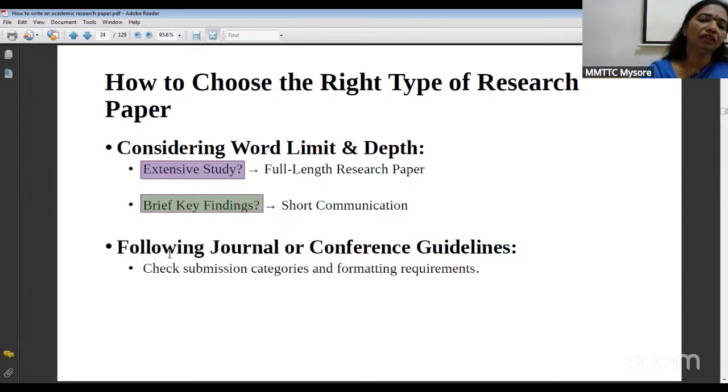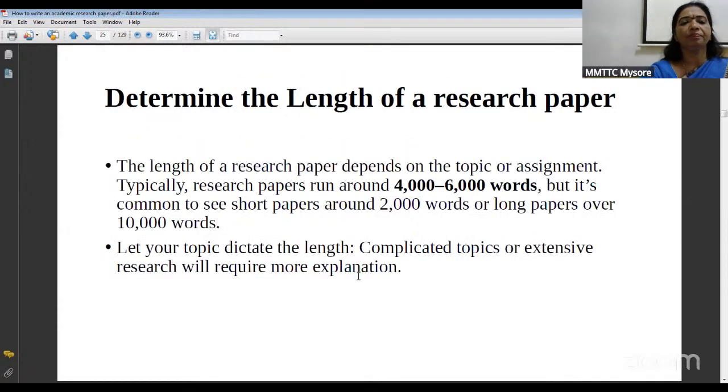Then, following journal or conference guidelines, check submission categories and formatting requirements. First of all, you should determine the length of the research paper. You have your work with you, you have done an extensive study, you have come out with new work, and you have your analysis, data, everything ready. Then the length of a research paper depends on the topic or assignment.